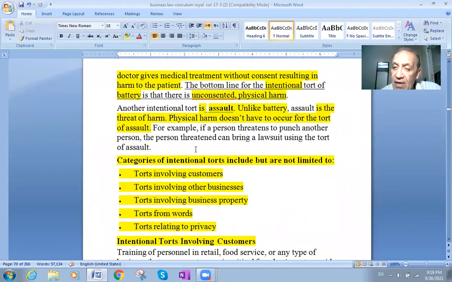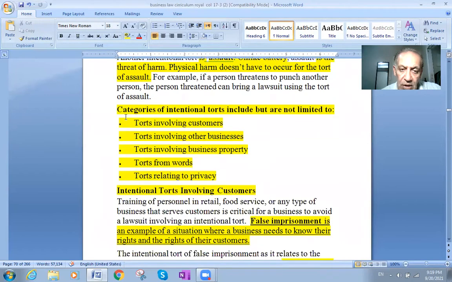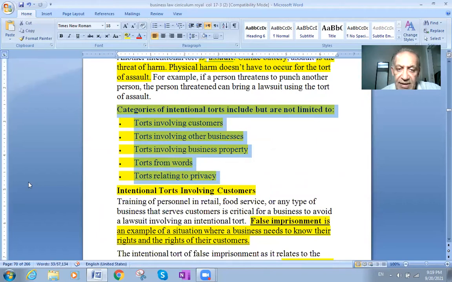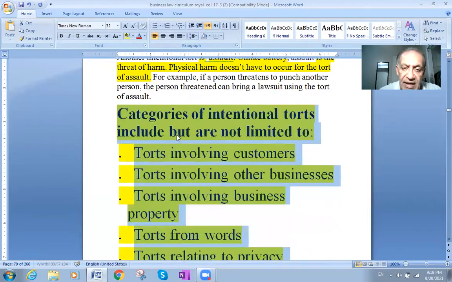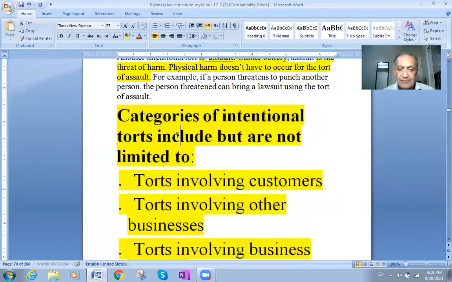Also, we have a kind of tort regarding business work. So here, as an example, this is about the categories of intentional tort. Those are the categories of the intentional tort.